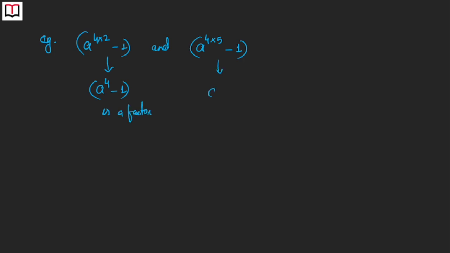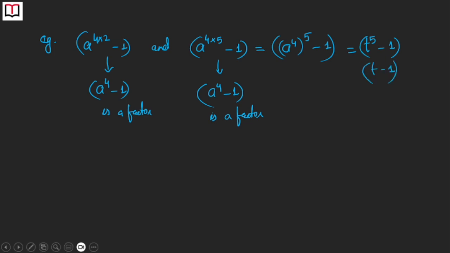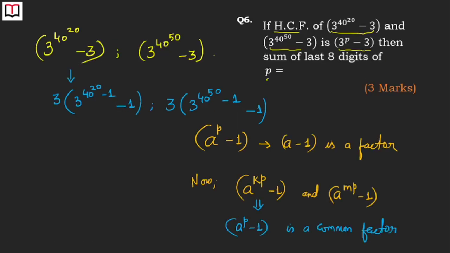Similarly for the other one. Why? Because I can write it as a raised to the power 4, whole raised to the power 5, minus 1, and then as t raised to the power 5 minus 1, where t is a raised to the power 4, and then t minus 1 is a factor. That's the logic we are going to use here. Try to understand.